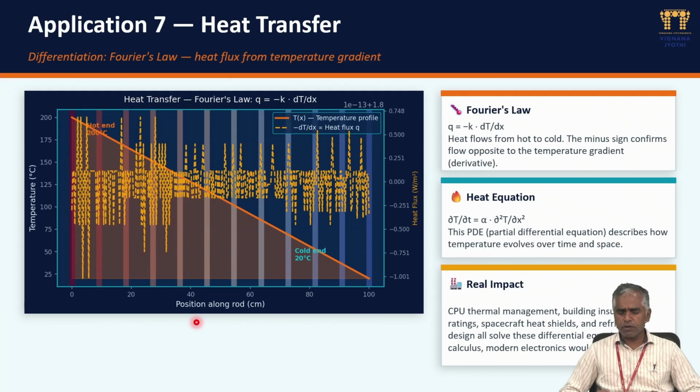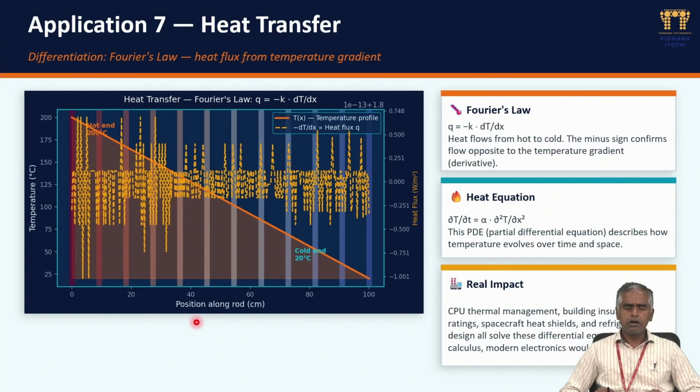The minus sign confirms flow opposite to the temperature gradient, which is related to the derivative. And the heat equation is dou T by dou t, where capital T represents temperature and small t represents time, equal to alpha into dou square T by dou x square. The x represents the direction of the x-axis.